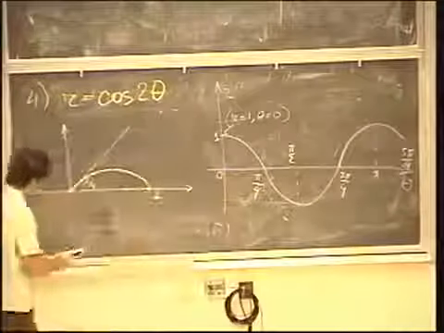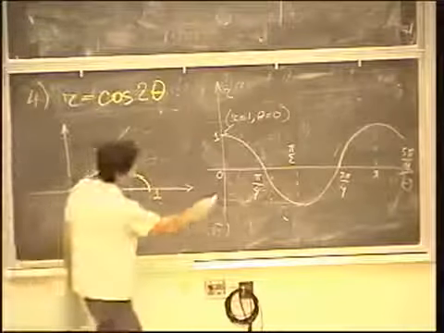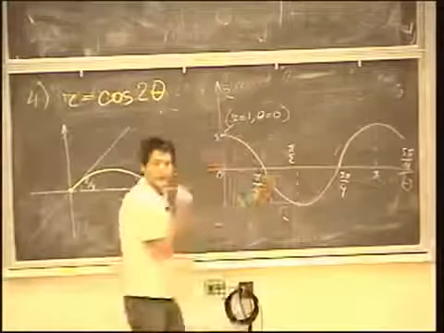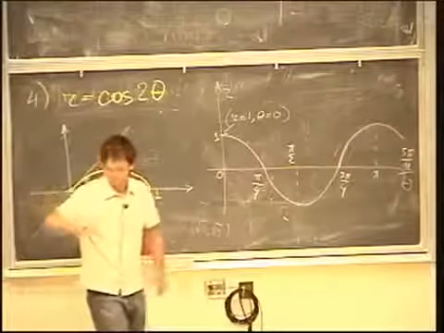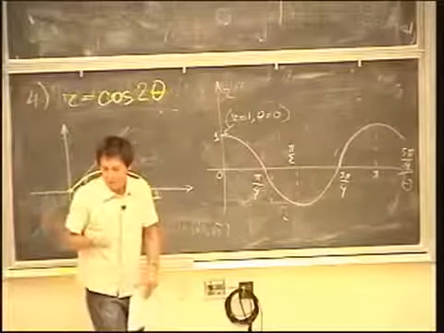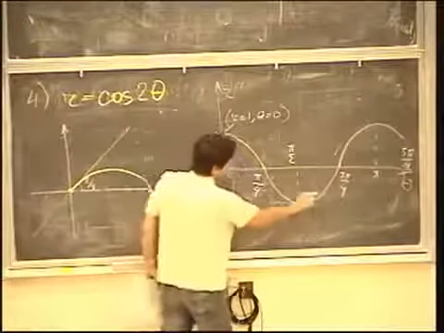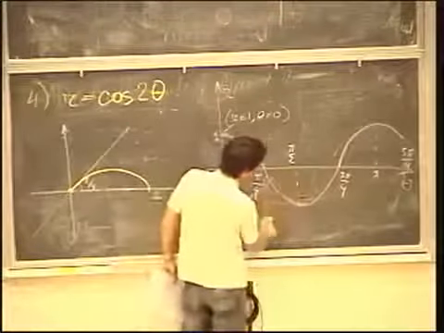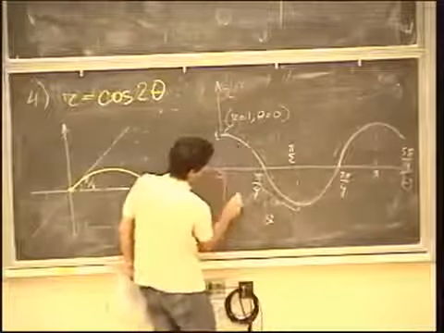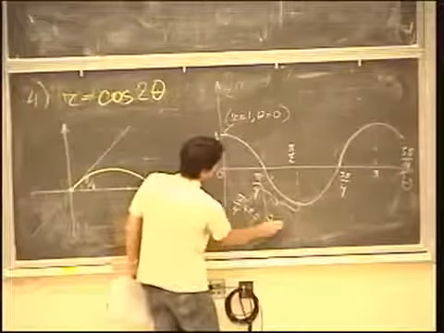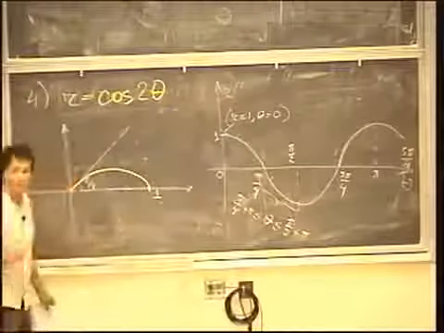And so what this is going to look like is that now theta is supposed to go from pi over 4 to pi over 2, but r becomes negative. R becoming negative means that we take the absolute value of r, but we shift the angle by pi. So that means that on this segment, we look at theta from pi over 4 plus pi to pi over 2 plus pi, right?